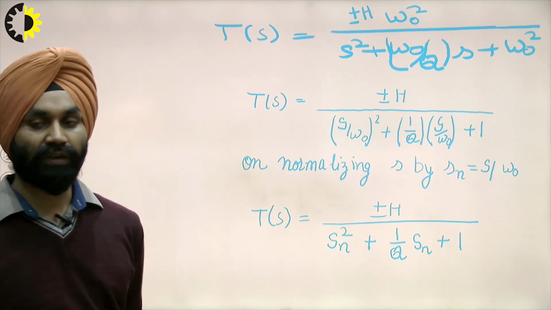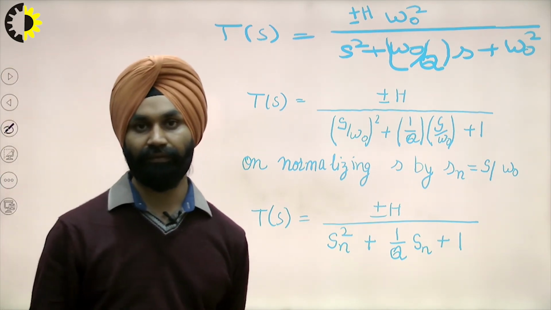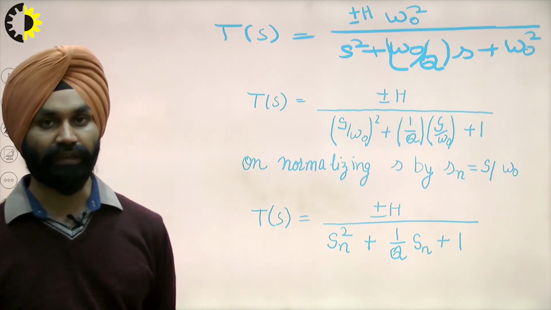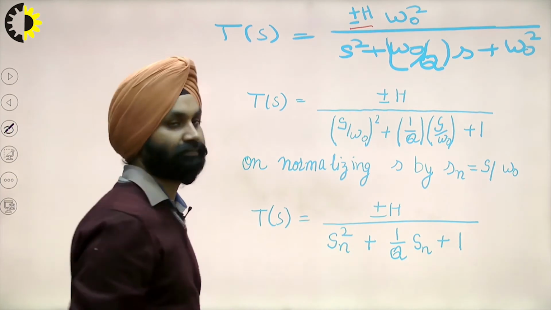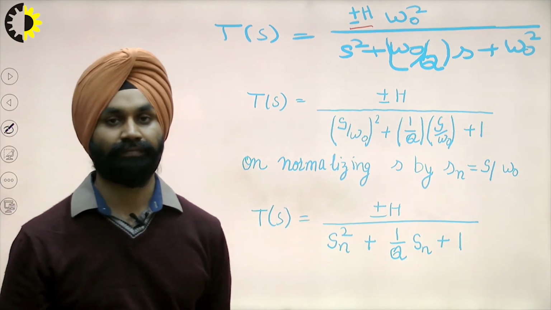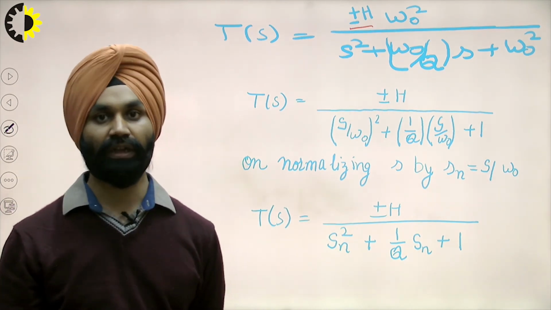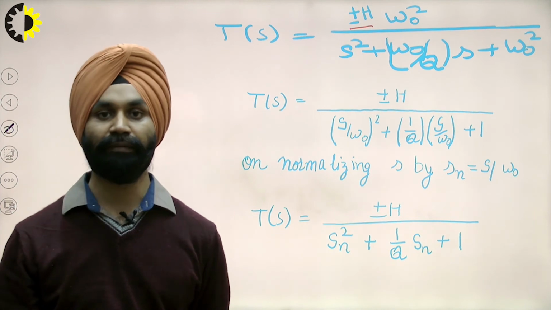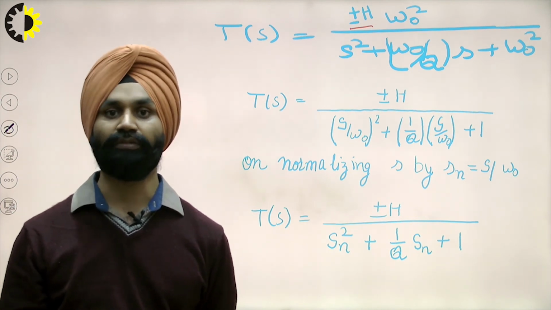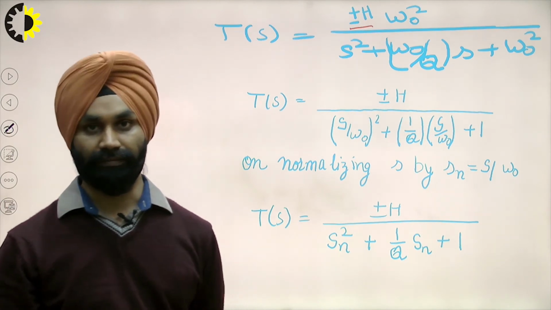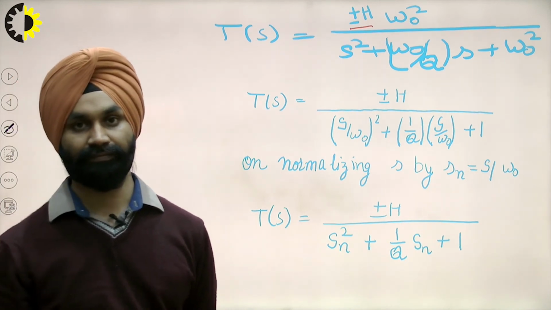Let us suppose we have some active filter, so it has its own gain, given by plus minus H. Plus minus H depends upon the configuration we are using. It may be inverting for minus and non-inverting corresponding to the plus.